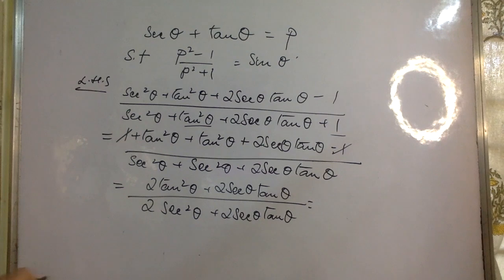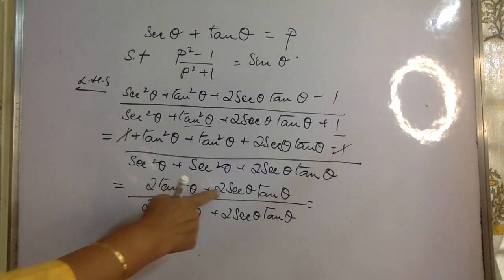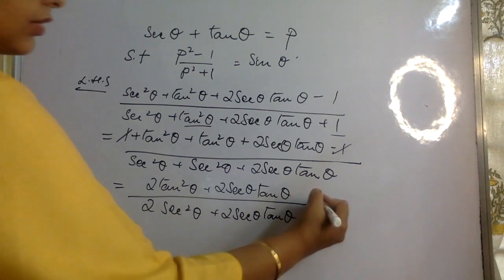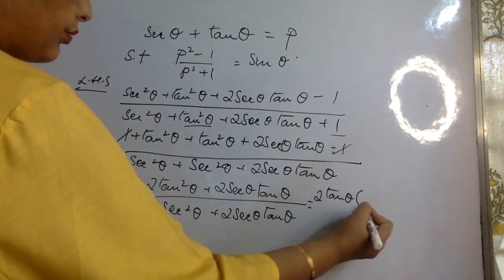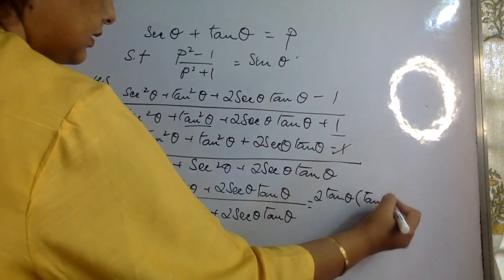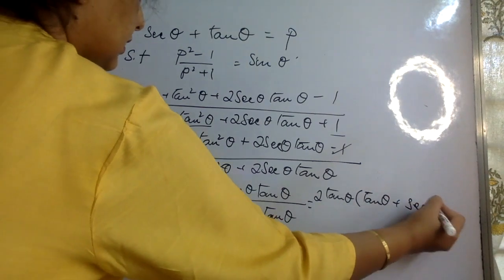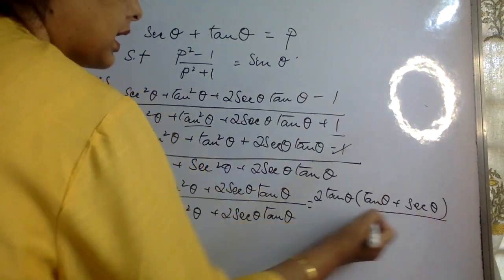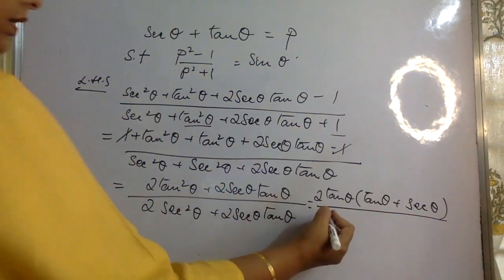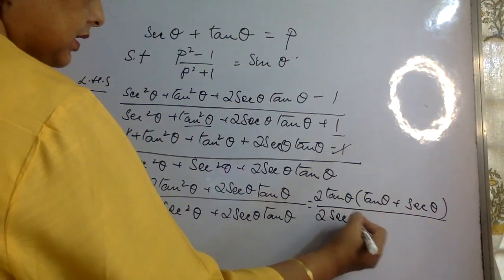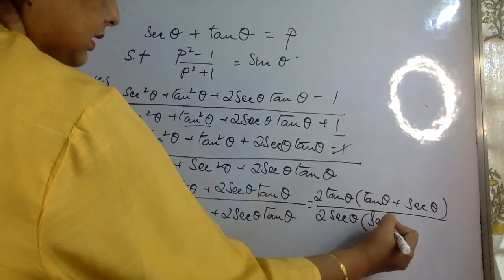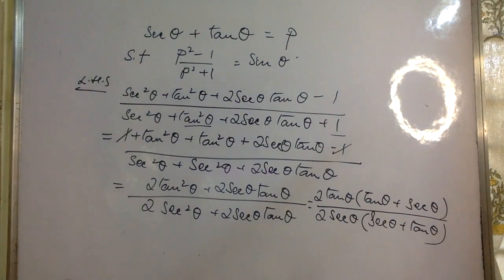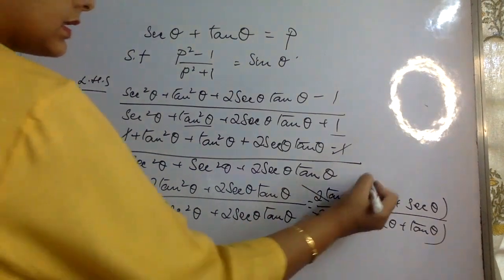Now we can take the 2 tan theta outside the bracket, tan theta plus sec theta, because 2 tan theta has been taken common, and here we will take 2 sec theta outside the bracket, that is sec theta plus tan theta, okay. Now cancel these.